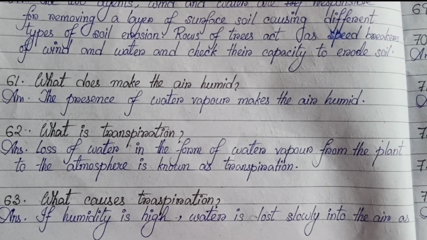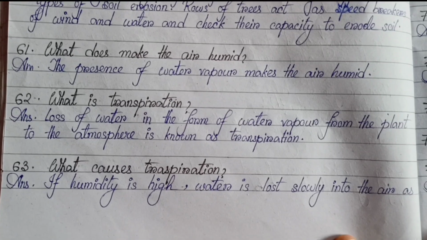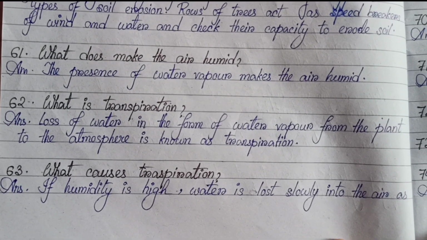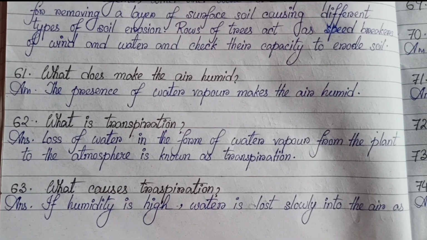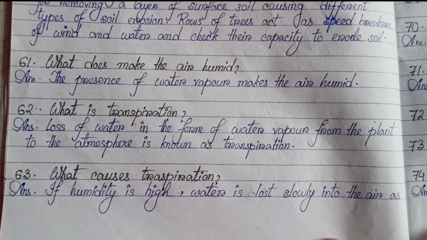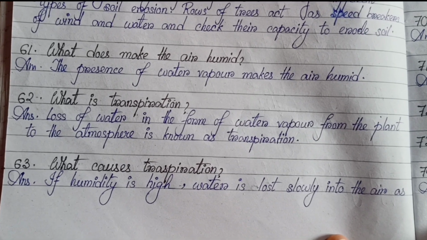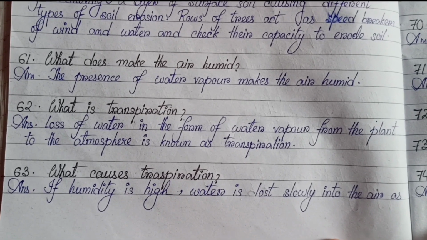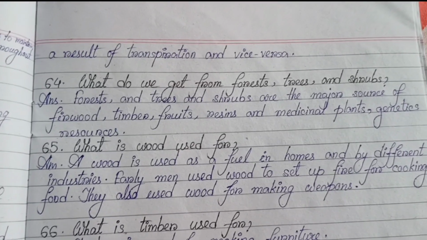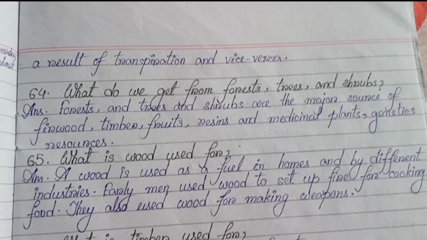The presence of water vapor makes the air humid. 62. What is transpiration? Loss of water in the form of water vapor from the plant to the atmosphere is known as transpiration. 63. What causes transpiration? If humidity is high, water is lost slowly into the air as a result of transpiration, and vice versa.